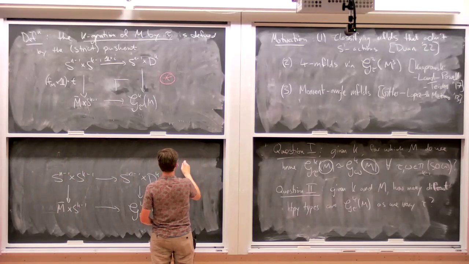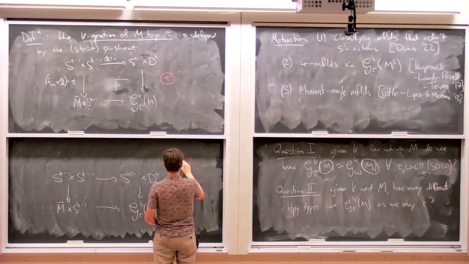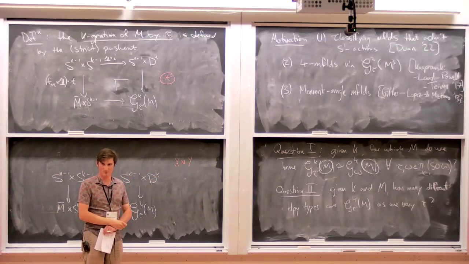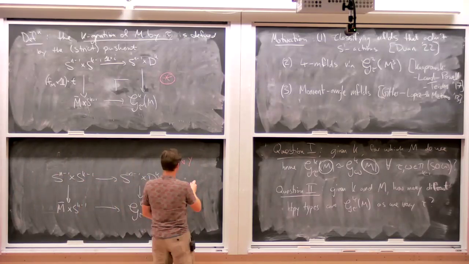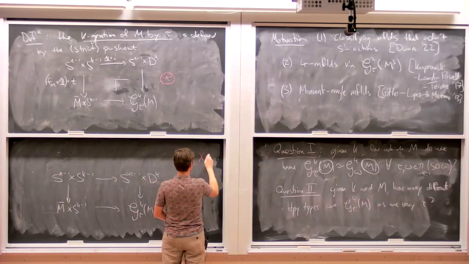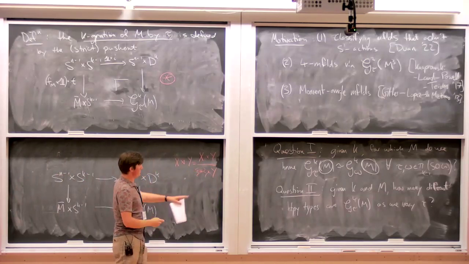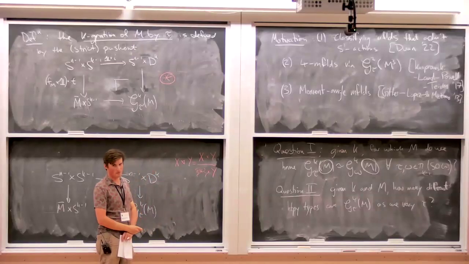So if I have two guys, x and y, this symbol, \rtimes, is going to be x cross y, but I mod out by y across the base point of x.